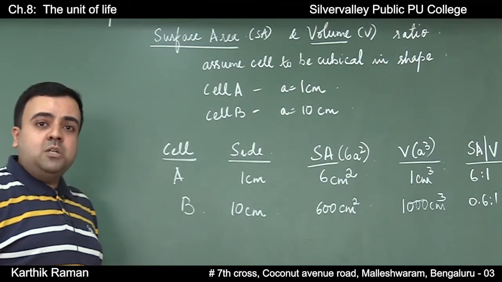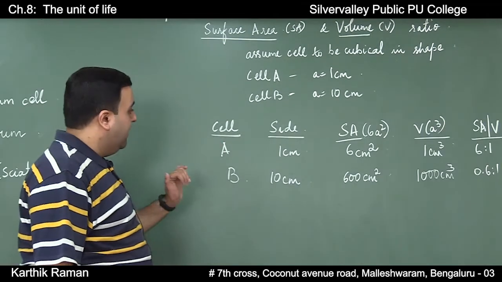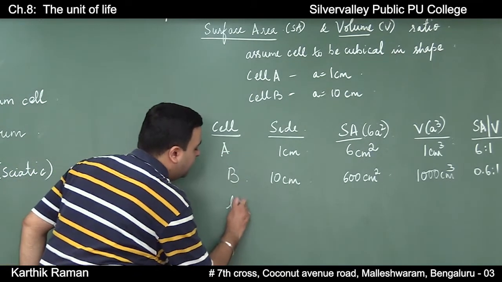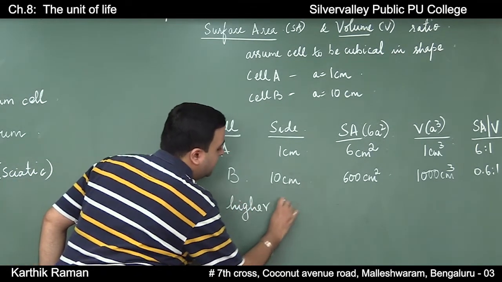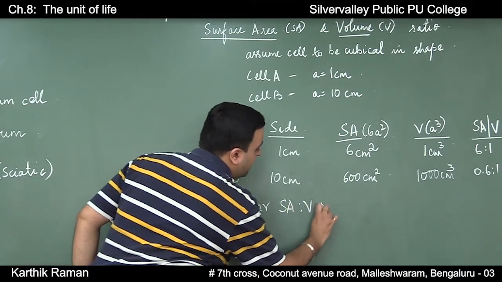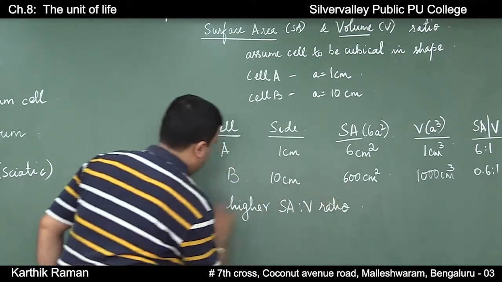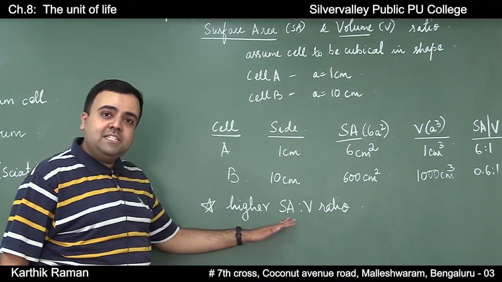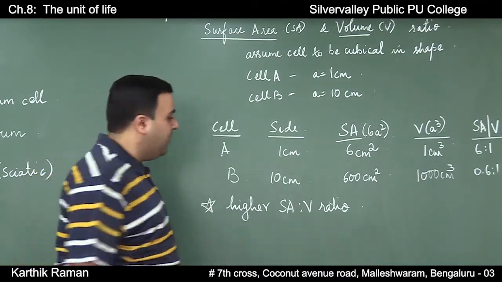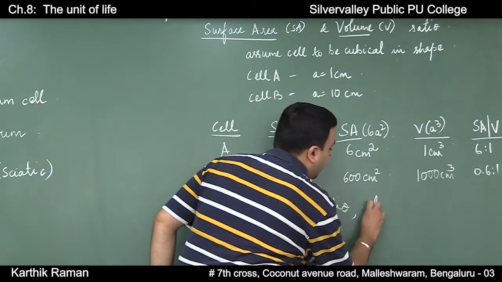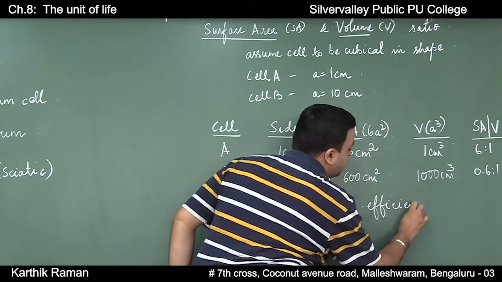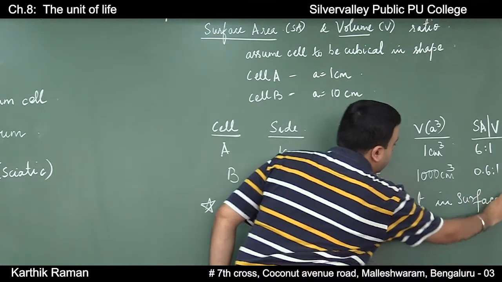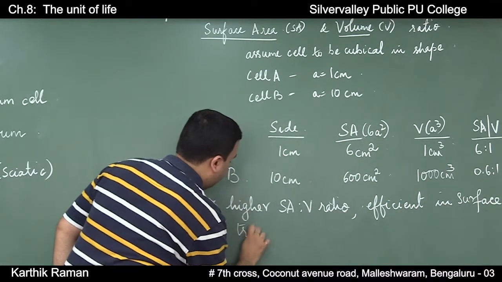What are we going to conclude out of this? Whenever a cell is going to have a higher surface area to volume ratio, it is going to be efficient in the surface transport.